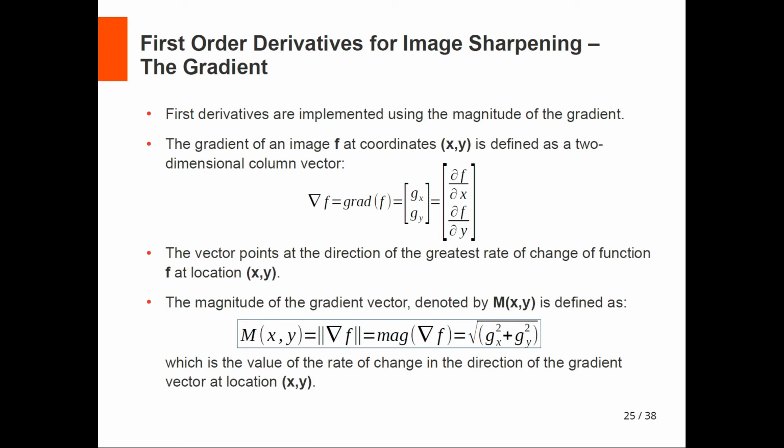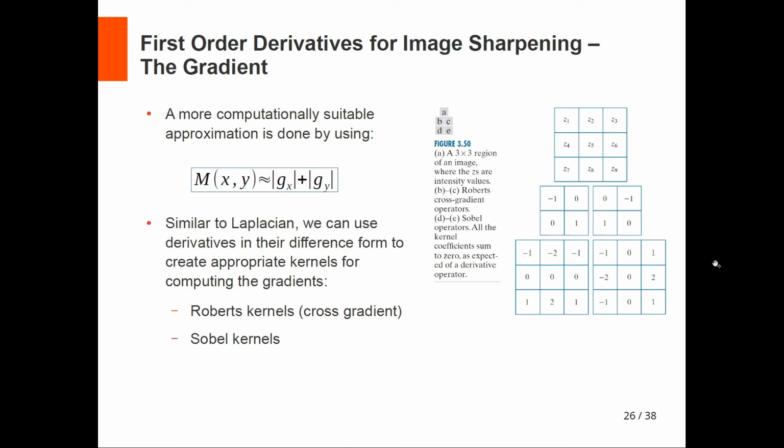And m basically shows the rate of change in the direction of the gradient. So there is a more computationally suitable approximation that is usually used, in which m of x and y is approximated by the sum of absolute values of g of x and g of y.